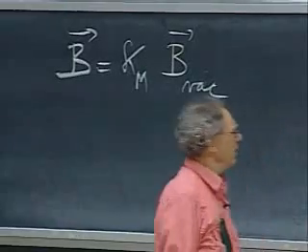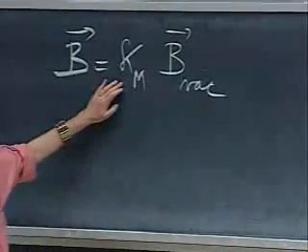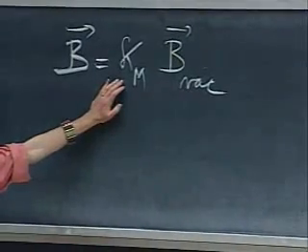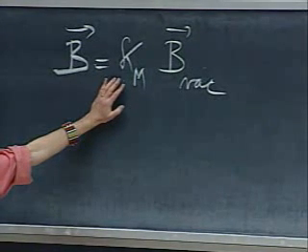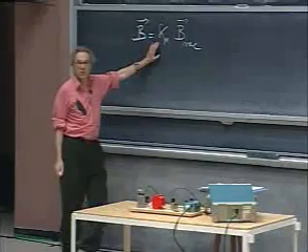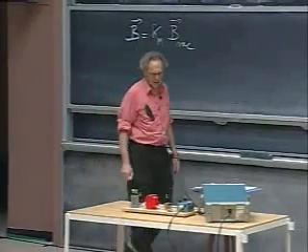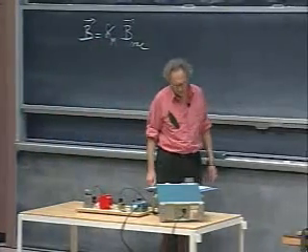When we have diamagnetic material, kappa m is just a hair smaller than 1. With paramagnetic material, it is a hair larger than 1. But when we have ferromagnetic material, it can be huge. It can be 1,000, 10,000, and even higher.